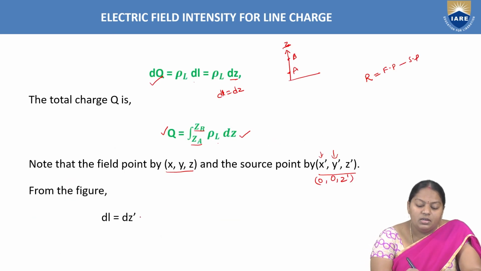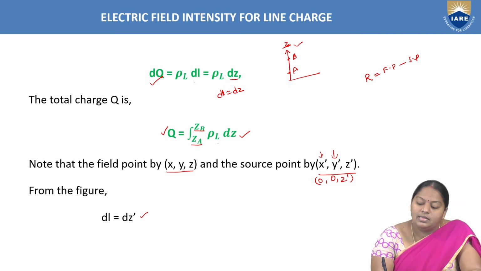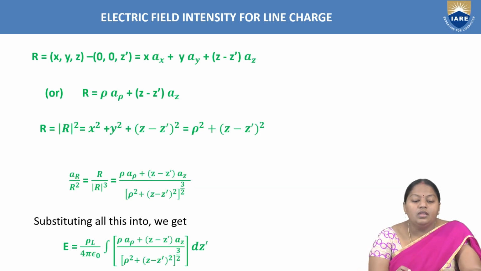Now from the figure, dl is equal to dz dash. The finite length of this conductor is placed along z, and the variable we have considered in the source point case is z dash. Hence, previously we considered dl equal to dz, and that is nothing but dz dash here. Okay.